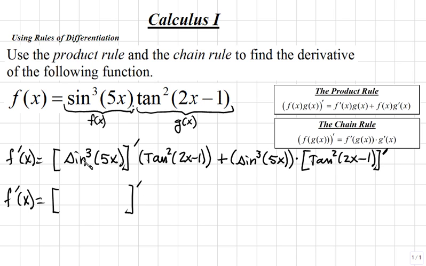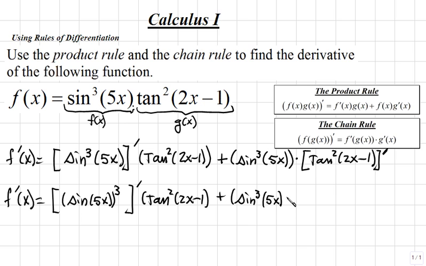Instead of writing sine cubed of 5x, let's write this as the quantity of sine of 5x that we're cubing, that we'll find the derivative of, times tangent squared of 2x minus 1, plus the quantity of sine cubed of 5x, and again, instead of writing tangent squared of 2x, we'll write this as the quantity of tangent of 2x that we're squaring, and we'll find the derivative of this function.